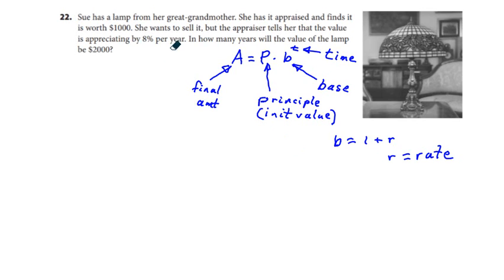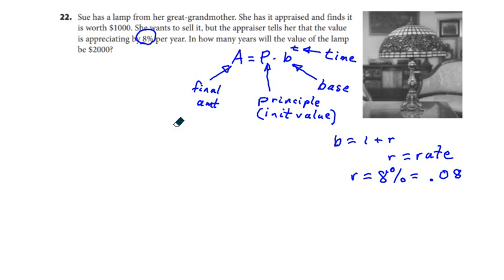Now in this case, our rate we see here is 8% per year. So R equals 8%. Now are we going to use 8% in terms of an equation? No, we're not, because 8% is going to be 0.08.